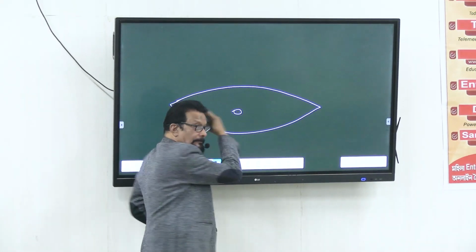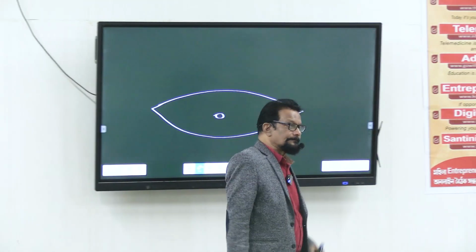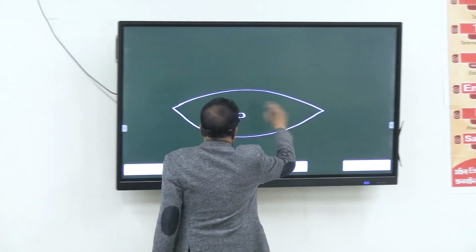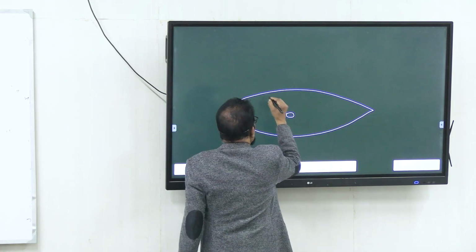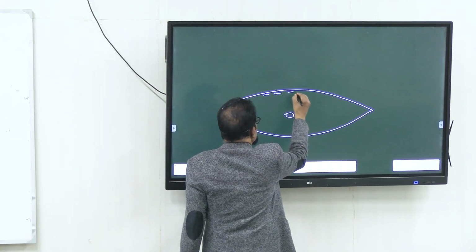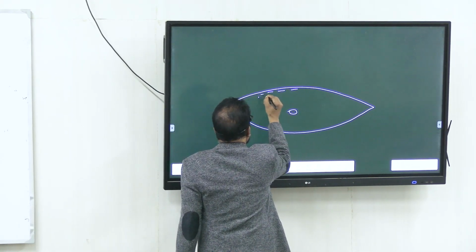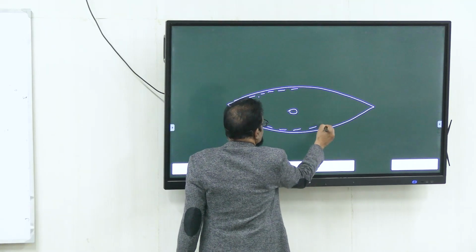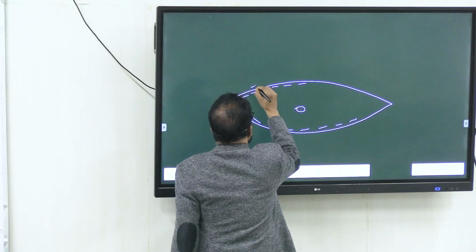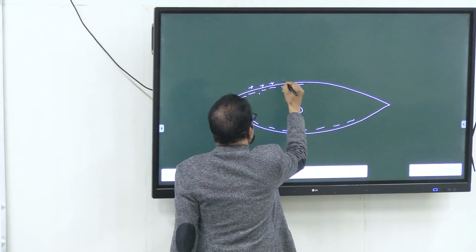This is the sarcolemma of the smooth muscle. Like other cells, inside is negatively charged and outside is positively charged.